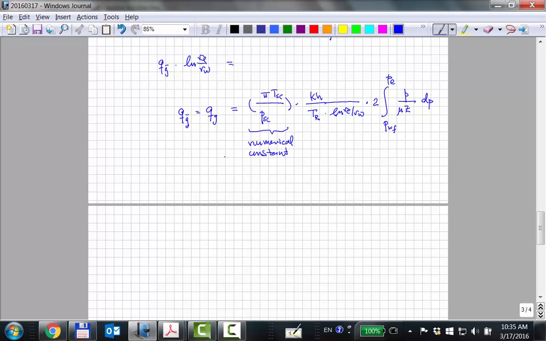In addition, if we want to do it with all the units, we've got unit stuff here, but this will all lead to a numerical constant. And then we're left with this here, which is kind of our, if you want to call it a productivity index or a constant, that would vary from reservoir to reservoir, from well to well. The temperature could be different from well to well, the log RE/RW could be different, and the KH certainly could be different from well to well. And then we've got this integral term here.